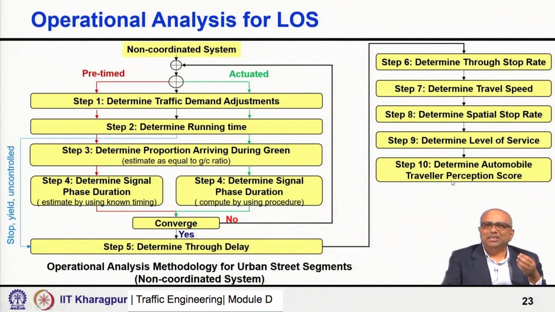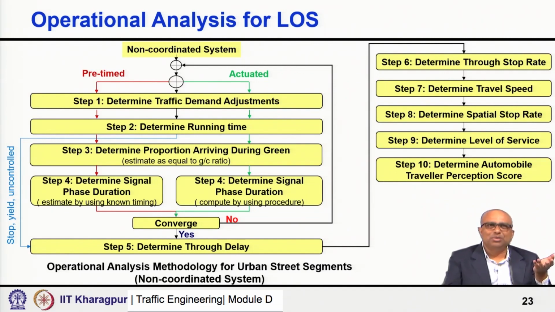As I said, LOS is definitely important, but the traveler's perception may depend not only on the travel speed but on many other factors, such as the spatial stop rate, and that is why we have calculated them. So we can also calculate the automobile traveler overall perception score, how good or bad they feel. We can express it not only in terms of level of service but also based on the perception score.